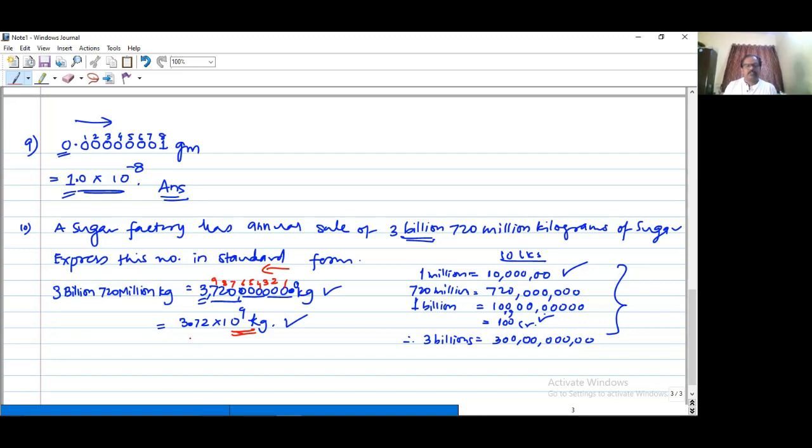In this way, the standard form of 3,720,000,000 kilograms is 3.72 into 10 to the power 9. That will be our final answer. I hope it is clear for all, right? You can try to solve this type of examples. Let's see one more.